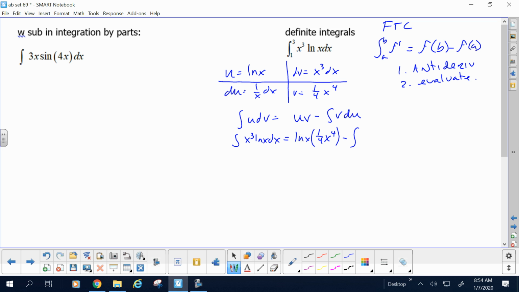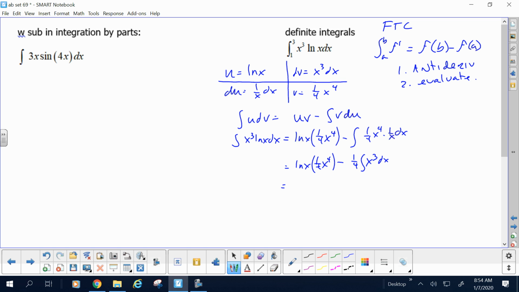Just kidding. So v du then is 1/4 x to the 4th times 1 over x dx, yeah? Simplifying that is 1/4 x cubed.